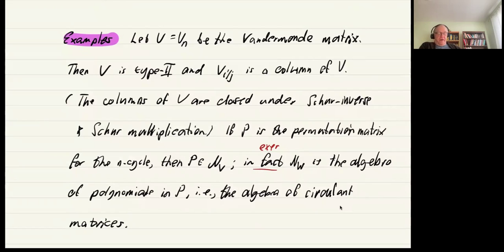The point is that the eigenvalues of P are distinct, and so theta of P will be a diagonal matrix with distinct diagonal entries, and so you can use that to show that NW is in fact the algebra of polynomials in P, i.e. the algebra of circulant matrices.